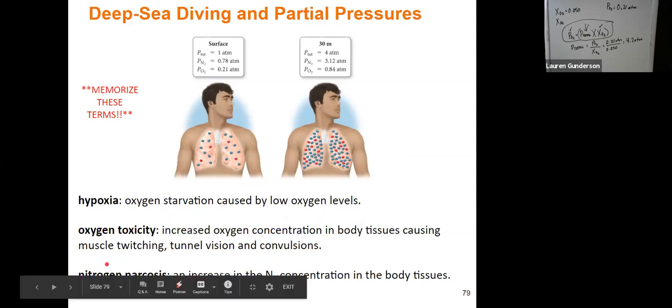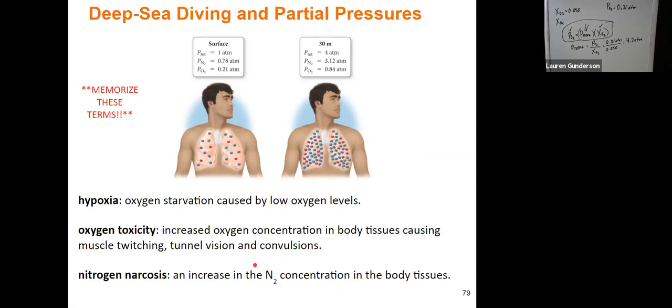There's also nitrogen narcosis. That can happen more frequently when you're doing things like deep sea diving, and you would increase the nitrogen concentration in your body tissues by increased levels of nitrogen in the air that you're breathing.